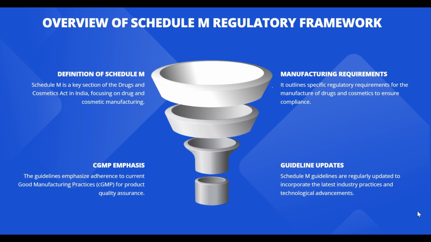It outlines specific regulatory requirements for the manufacture of drugs and cosmetics to ensure compliance. And these guidelines are regularly updated to incorporate the latest industry practices as well as any technology advancements that are happening in the industries.